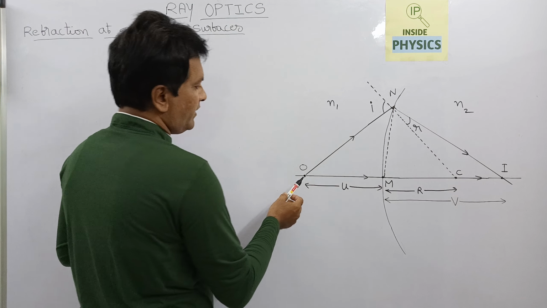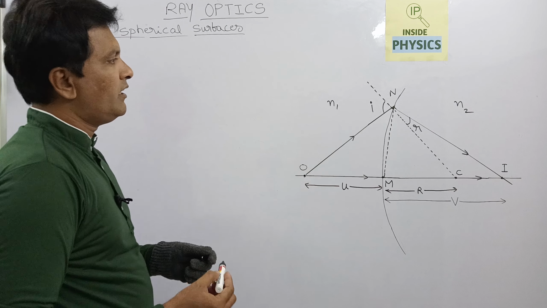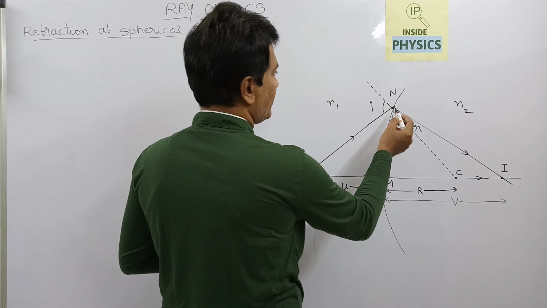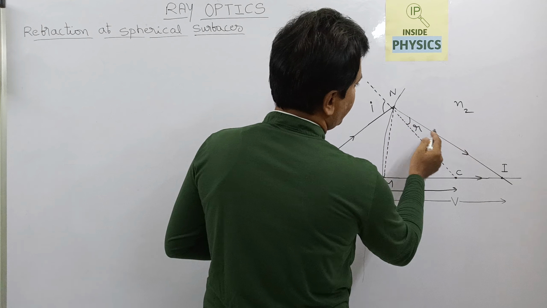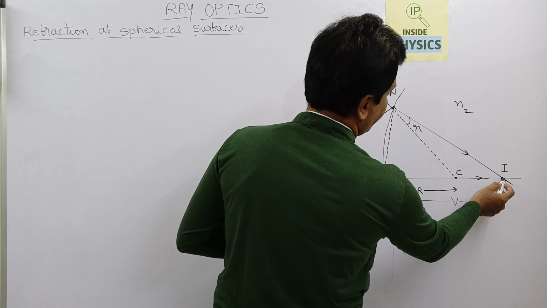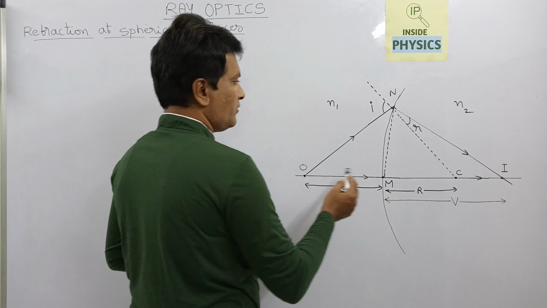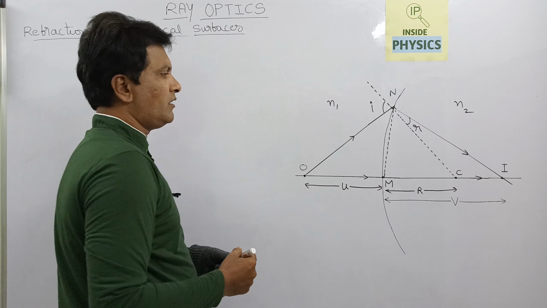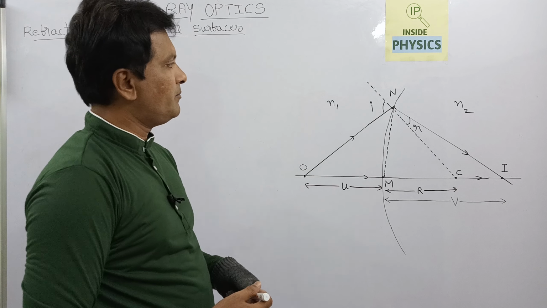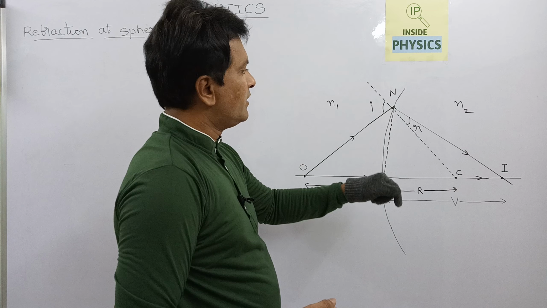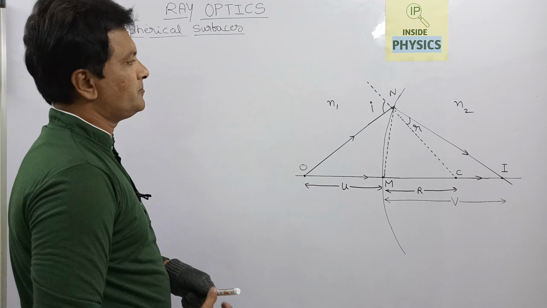The light ray is coming from the object and it is incident at the point N. After refraction at the interface, which is a curved surface, the image is formed at I. Both O and I, object and image, are considered as a point object and a point image. So the light rays are coming and making an image here after refraction.